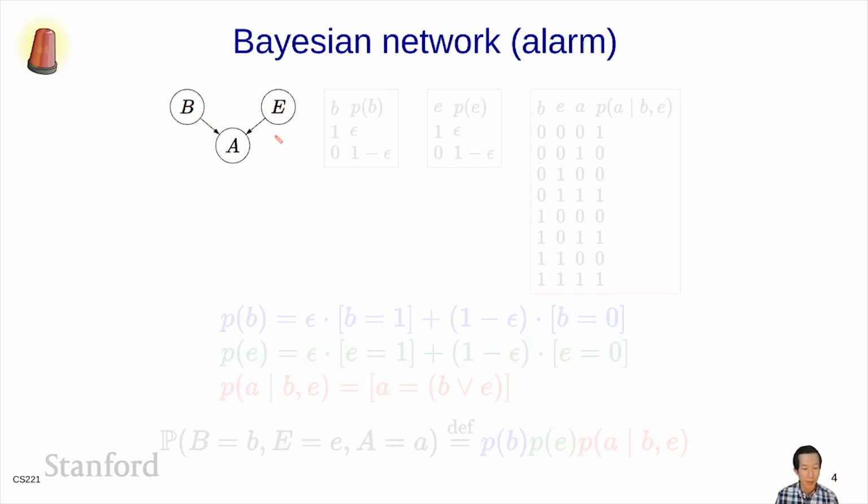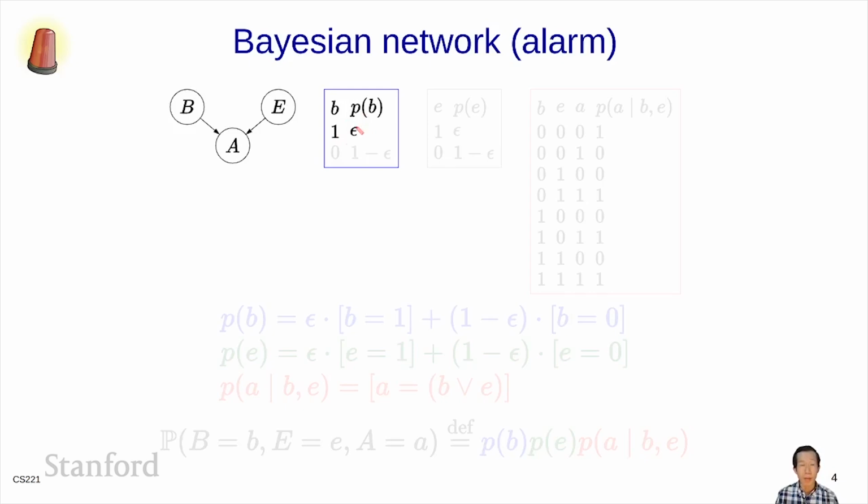That seems sensible. To make these qualitative relationships quantitative, I'm going to define a local conditional distribution for each variable conditioned on its parents. Let's go through these examples. We have B, a variable. A local conditional distribution specifies for each possible value of B what its probability is.